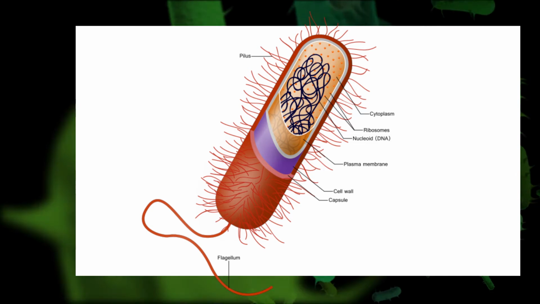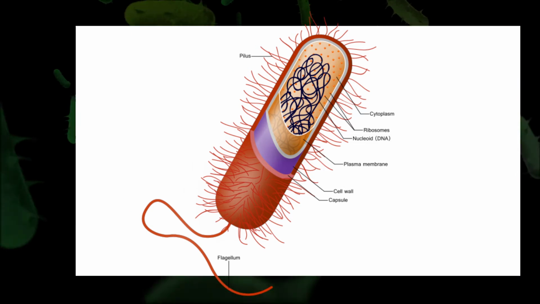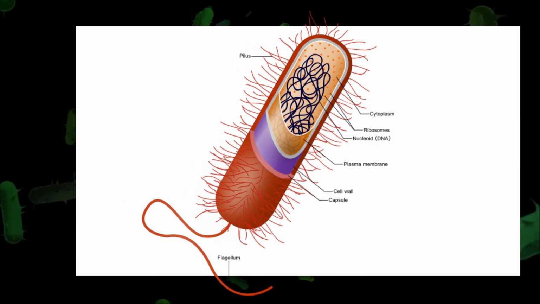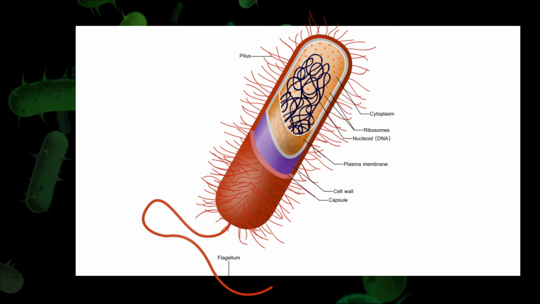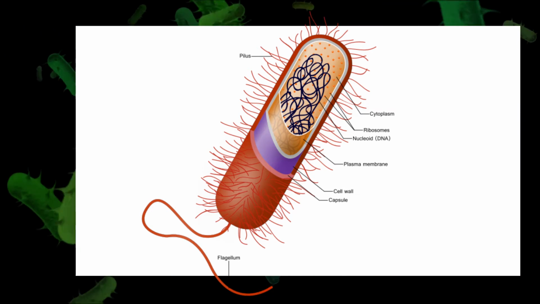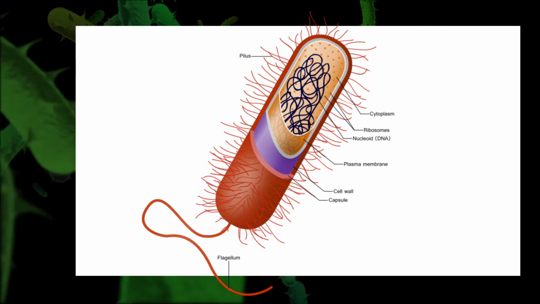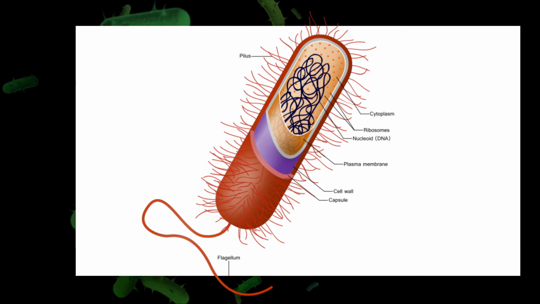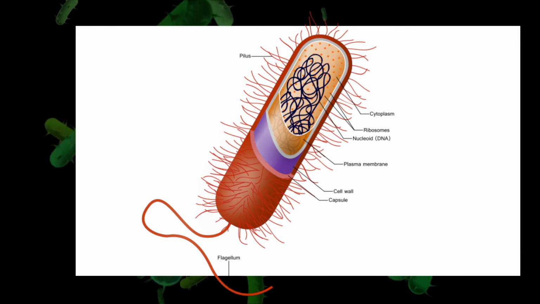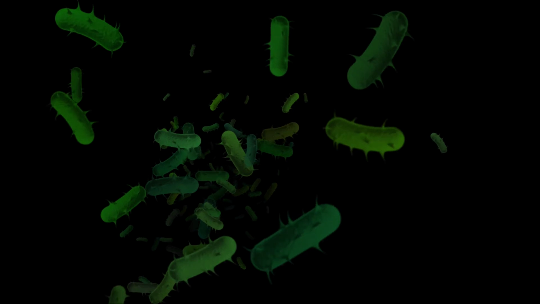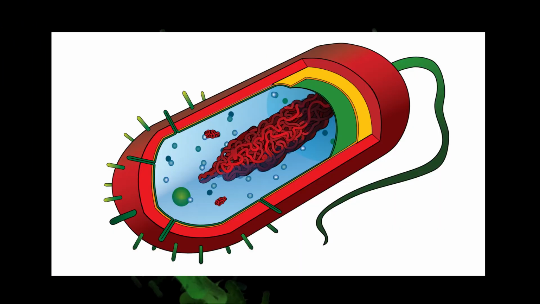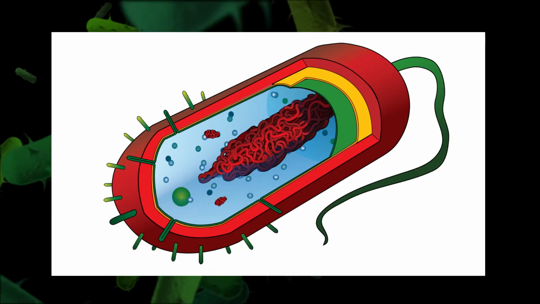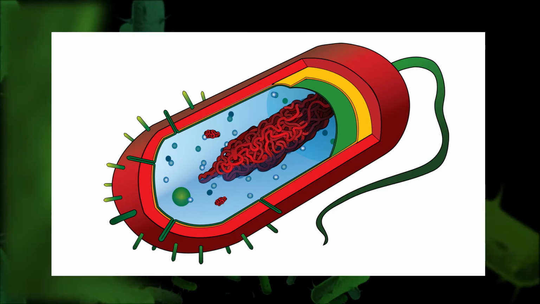The gram-positive bacteria appear purple when stained with gram or crystal violet stain, while the gram-negative do not. Common gram-positive bacteria are Staphylococcus aureus and Streptococcus. Common gram-negative bacteria include meningitis, gonorrhea, and E. coli.